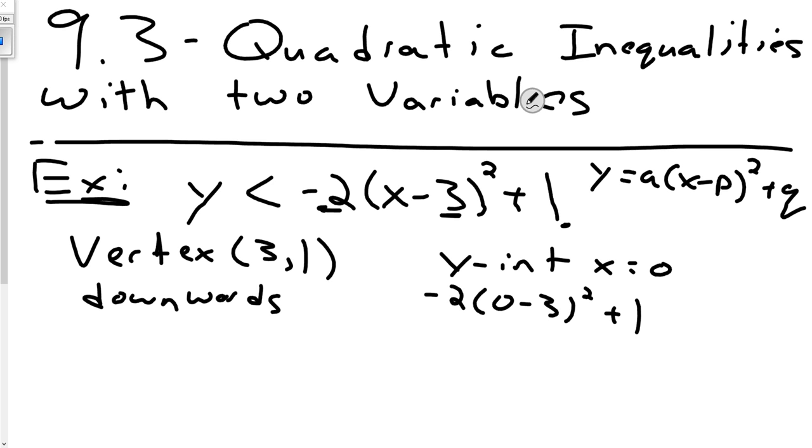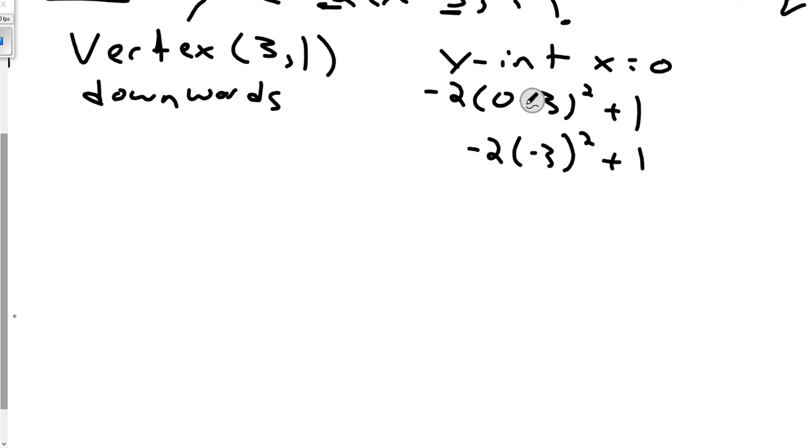So this is -2 times -3 squared plus 1. What happens when you square a negative number? It becomes positive. So this is going to be -17. So my y-intercept is that.